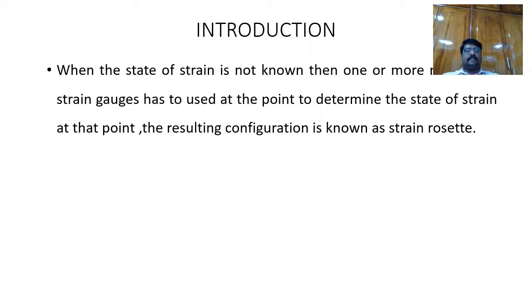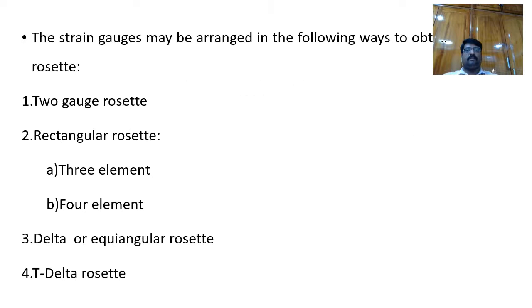Now let us discuss the classifications of the different types of strain rosettes. The strain gauges are arranged in different orientations, so let us discuss them one by one.